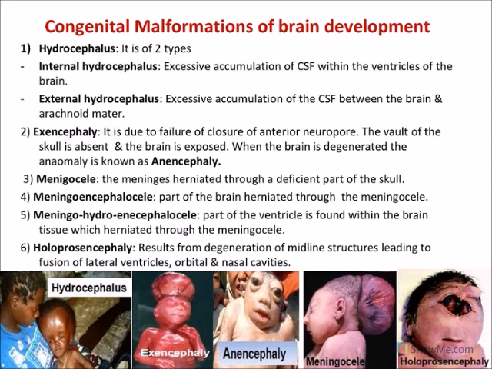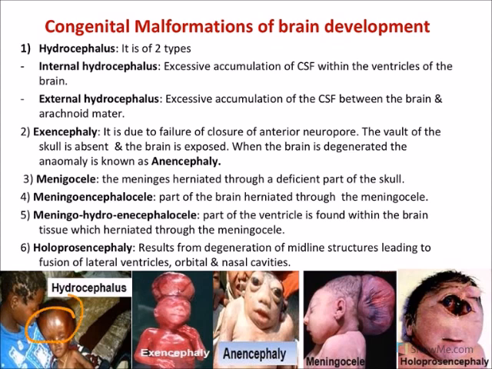First, the congenital malformation called hydrocephalus. Hydrocephalus was discussed before in the lecture of the brain ventricles, and this means increase in size of the head due to enlarged brain ventricle, due to enlarged brain cavity inside the telencephalic vesicle.